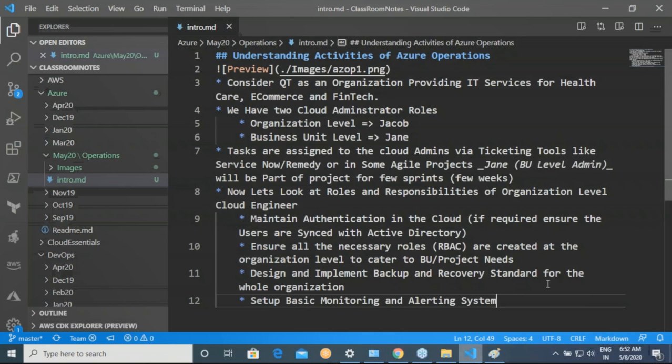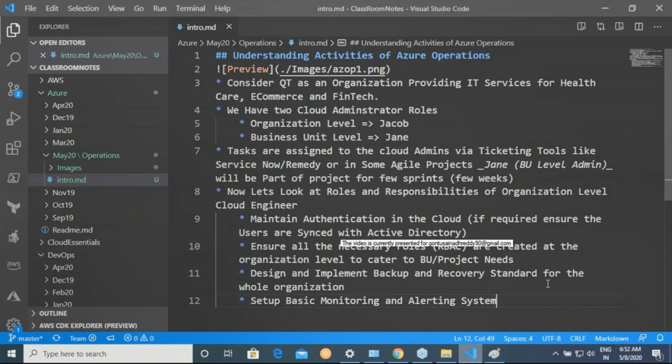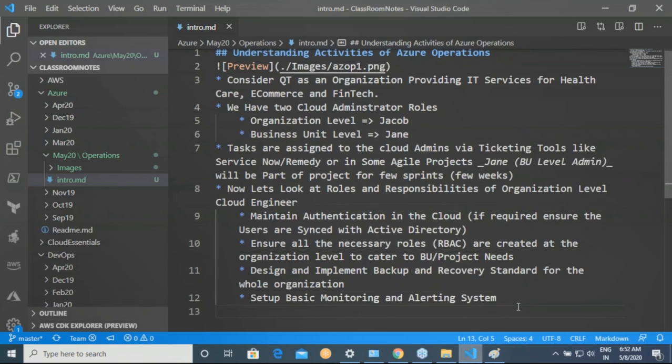Right. And if there are any other specific things required at a project level, then I think this would be done by your individual cloud admin. Now, along with that, help project teams with system and database migrations.